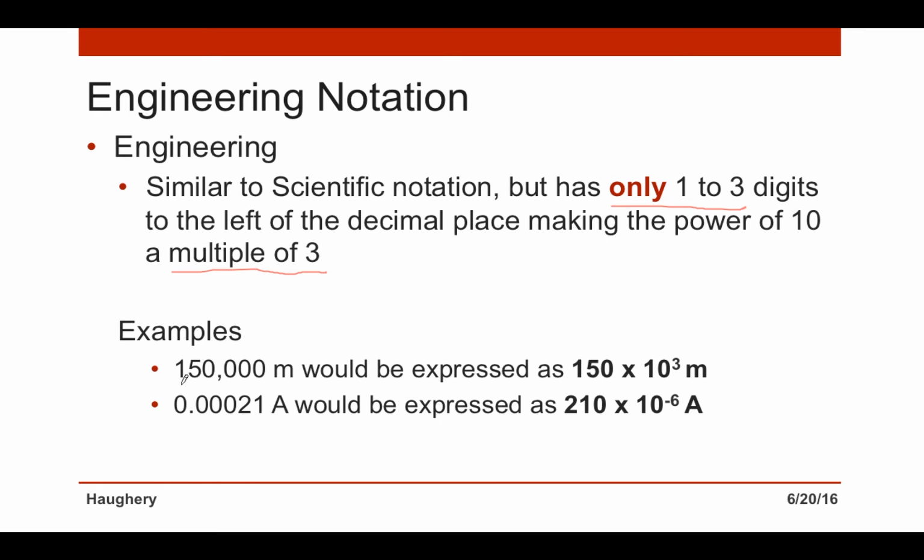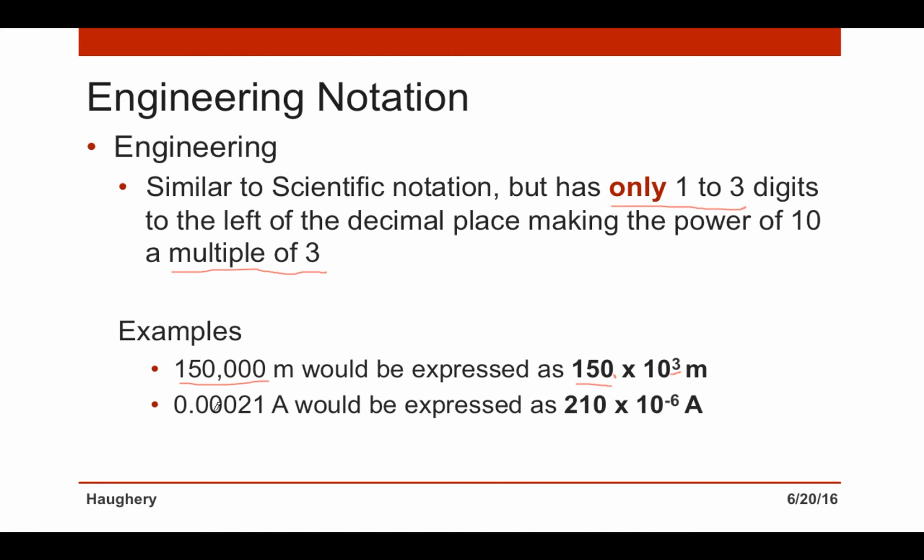So an example being 150,000 meters would be 150 times 10 to the 3rd. Okay, so 1, 2, 3, we can in our minds put a little decimal point to the right of that 0, and that is now in engineering notation. Just another way of showing it, but it's in multiples of 3 for the exponent.